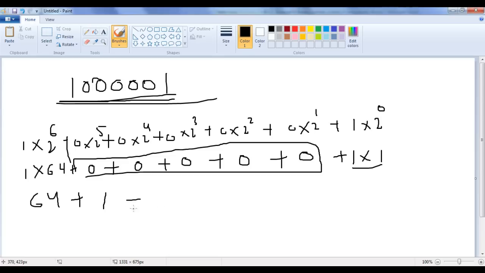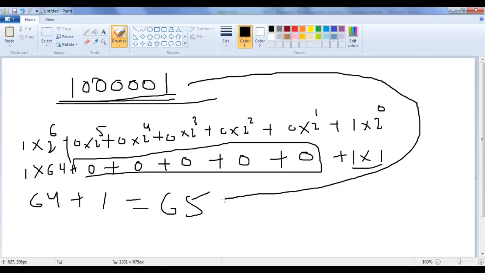So 64 plus 1 is 65. That is how you convert a binary number to a decimal equivalent, guys. I hope you guys have clearly understood.